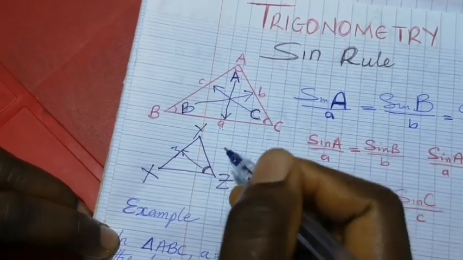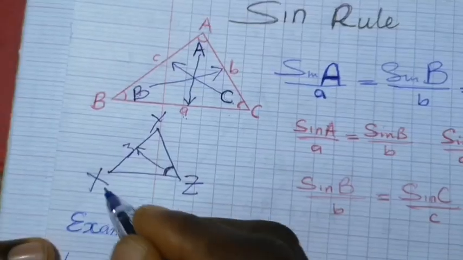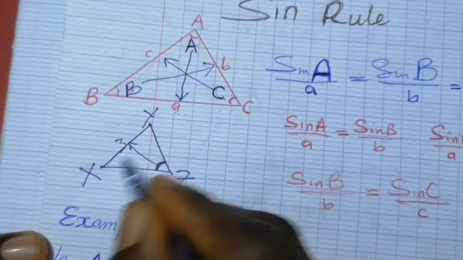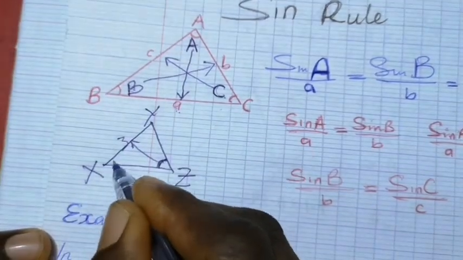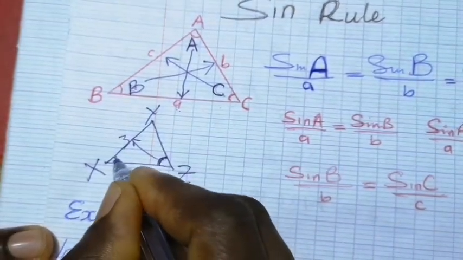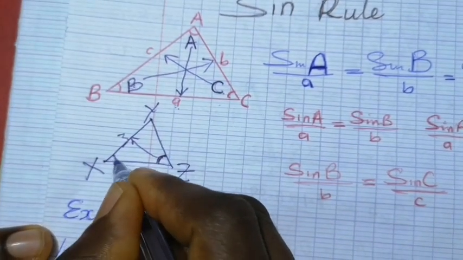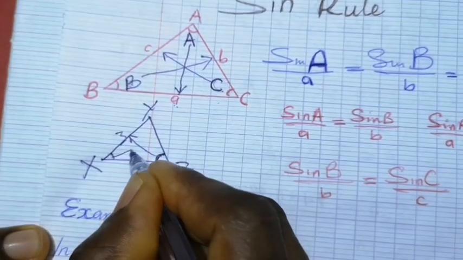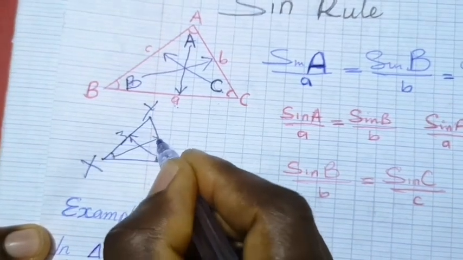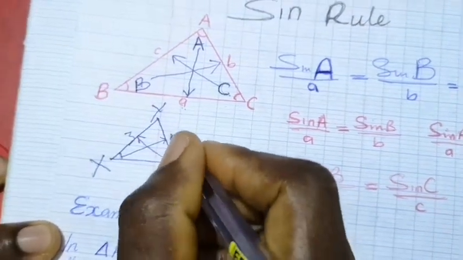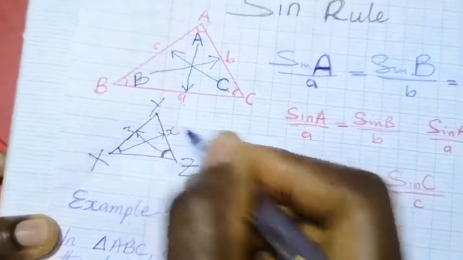Now for this side, since our angle here is capital letter X, then we follow this way, so here will be small letter x.